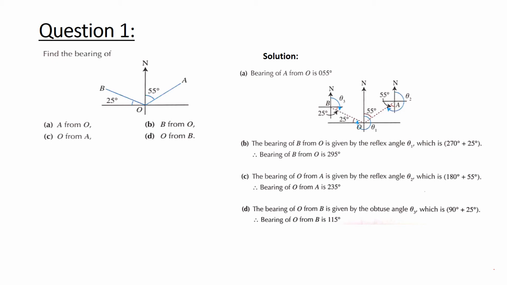This is a main crucial point over here, that bearing is an angle measured from north in a clockwise direction. And calculate this angle using the property of parallel lines, either by corresponding angles or alternate angles or co-interior angles.